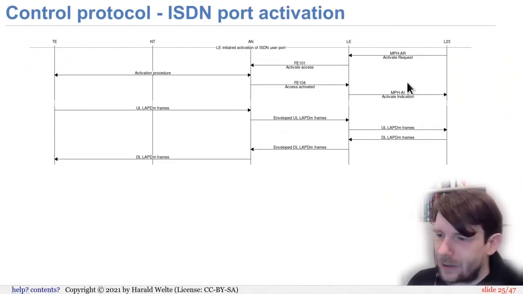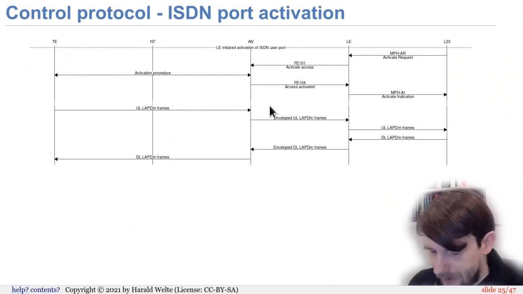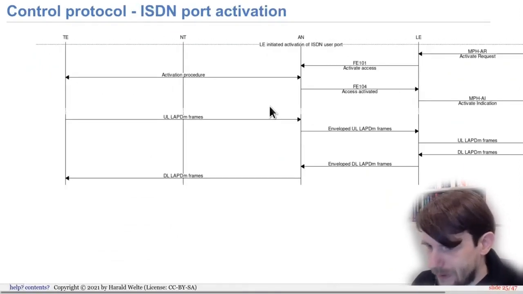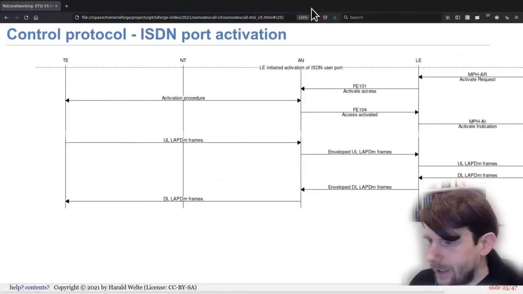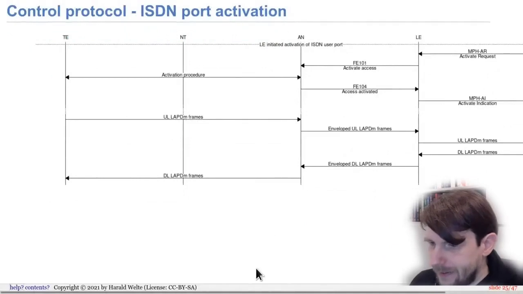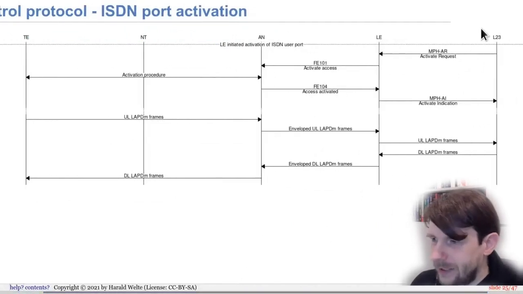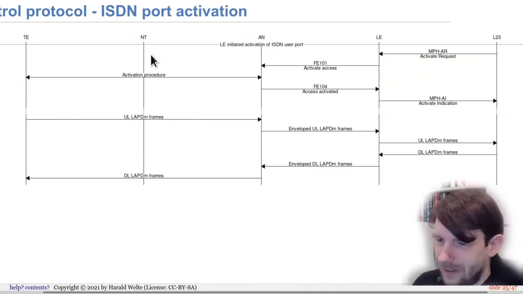How does the control protocol look in terms of ISDN activation? I'm sorry, this is a bit small, but it's hard to show otherwise. So in the end, we have the layer 2, layer 3 instance in the local exchange, which generates an activate request to the control protocol instance for this port in the local exchange, which sends an FE101 signal to the access network or the functional element, which then starts the activation procedure on the subscriber line towards the NT in the terminal equipment.